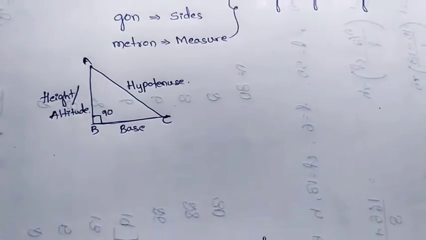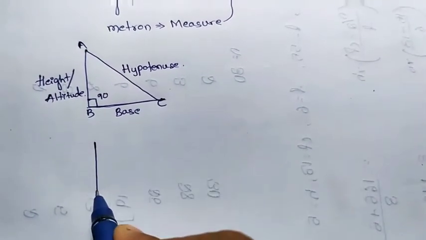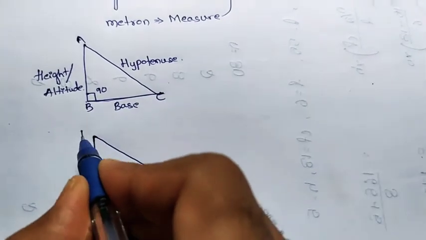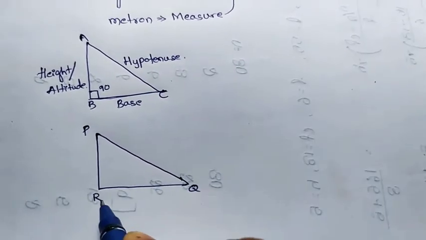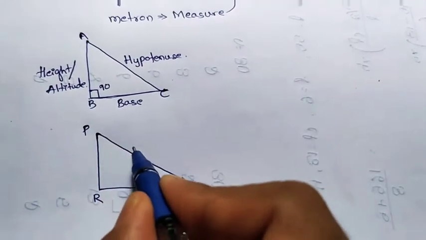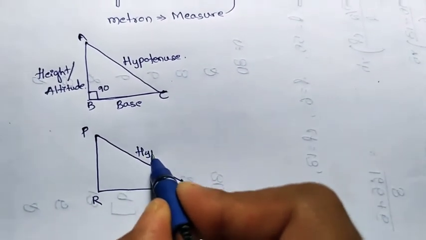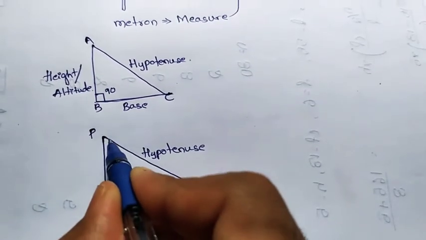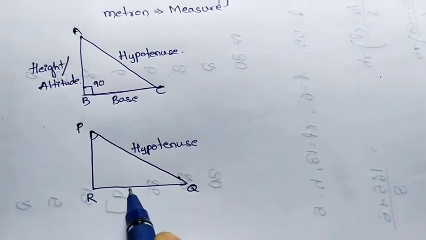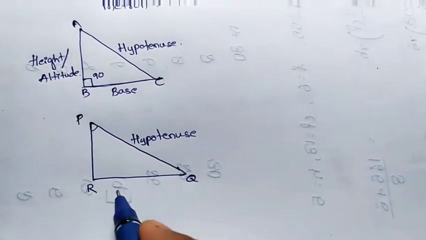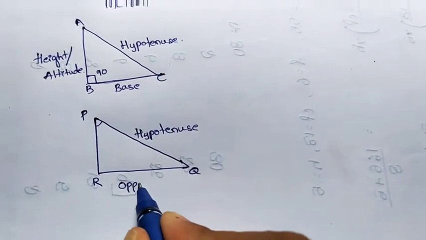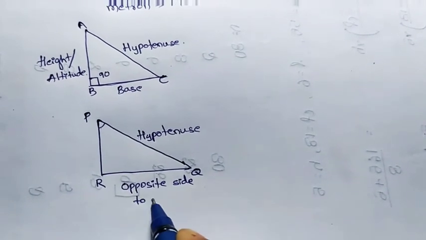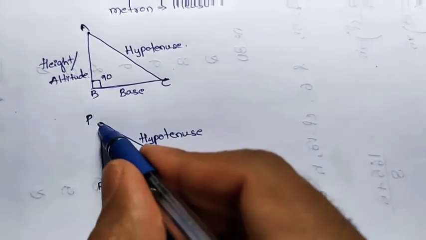Taking another example, let's take a triangle PQR. PQ will be the hypotenuse, and taking the reference as angle P, the opposite side is RQ, the side opposite to angle P. Now what about PR?